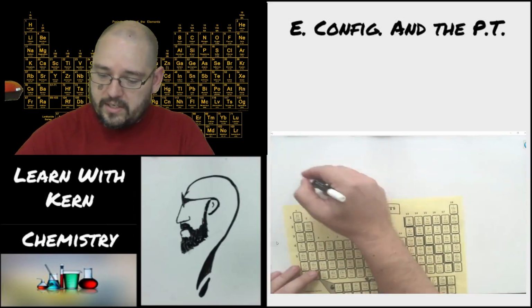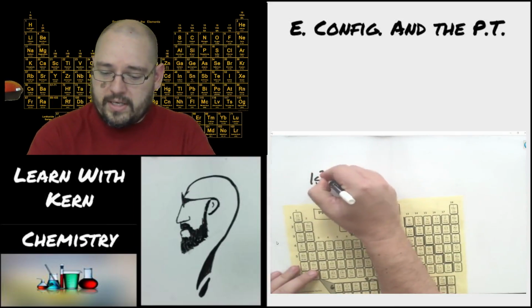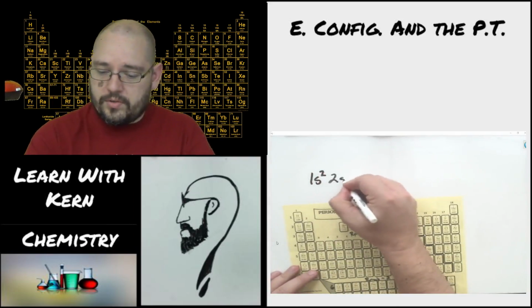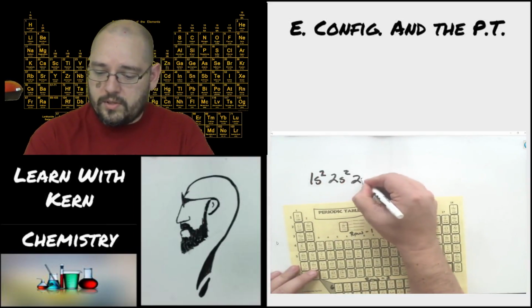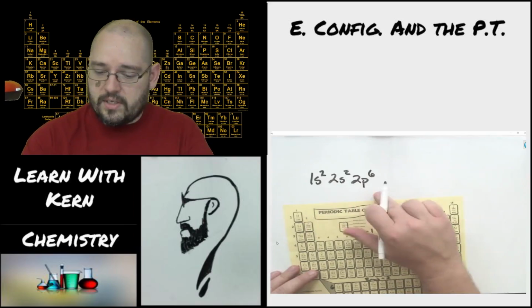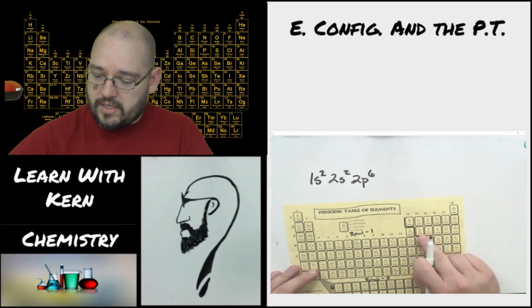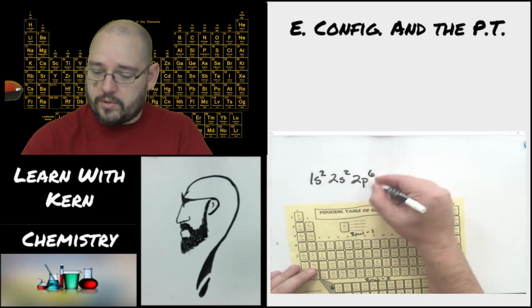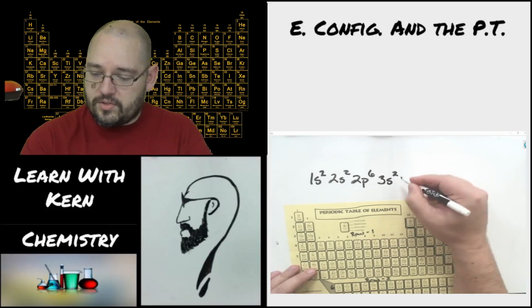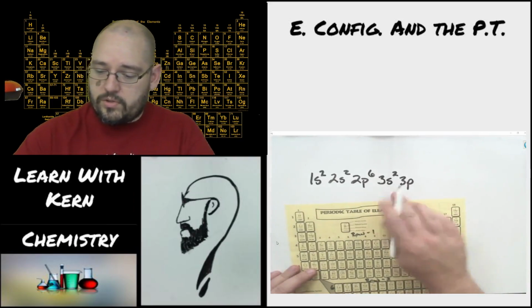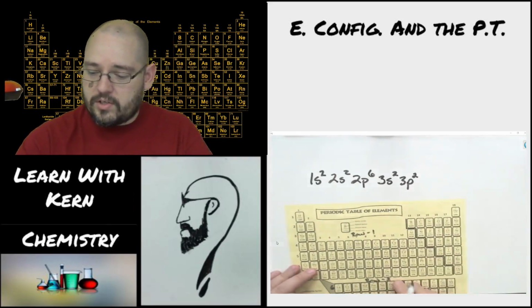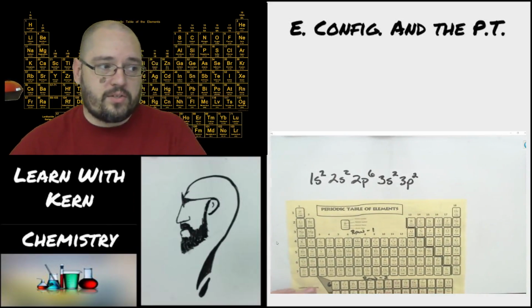It has 14 electrons, so I'm going to do 1s2, 2s2, 2p6. That's 10 electrons. I still have 4 more to go. After 2p comes 3s2, and then 3p. Well, I've used 12 of my 14 electrons, so this has to be 3p2.